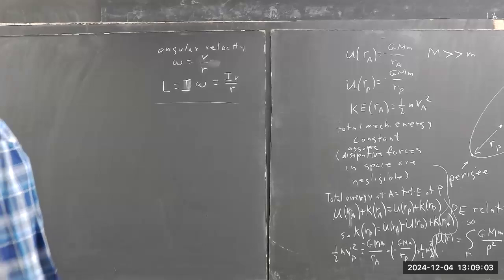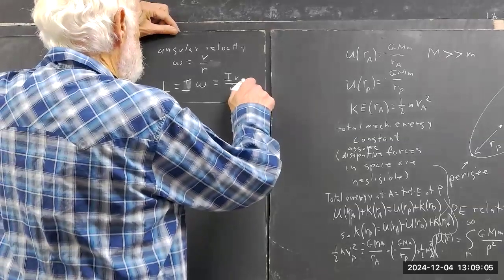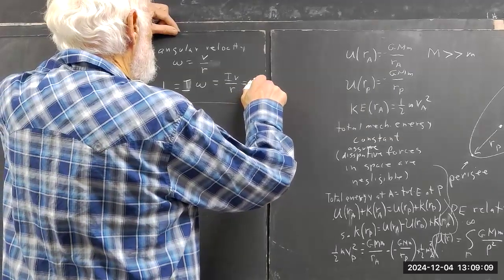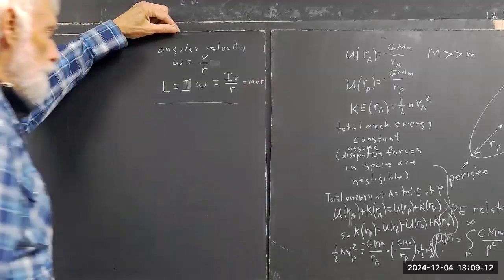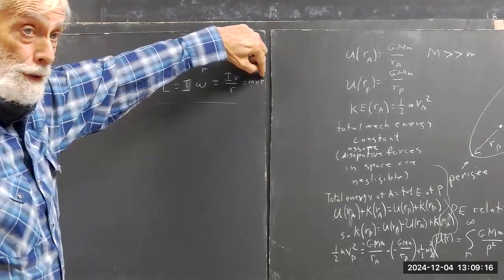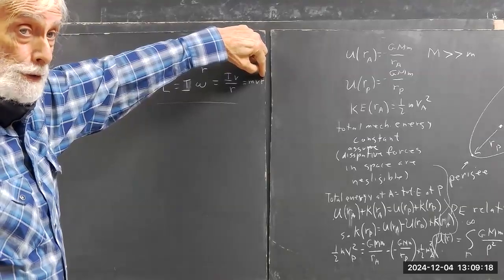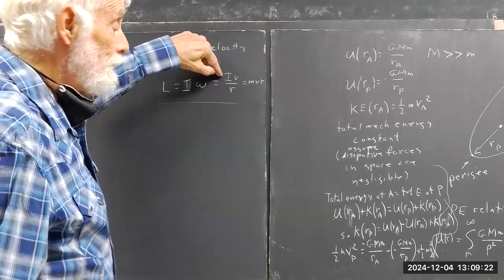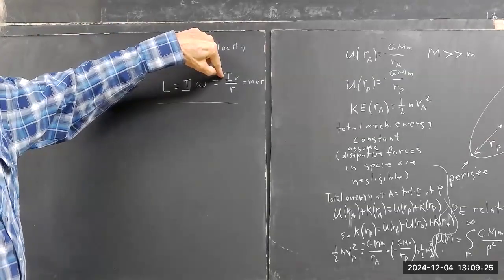Something wasn't connecting because this should be equal to MVR, like your linear momentum times your radial distance. And what's I? I is like your MR squared.